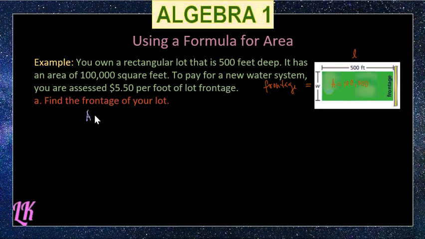So to find the frontage of your lot, you need the formula A is equal to L times W, or length times width. Since we are solving for the frontage, which is the width, we need to isolate that variable in one side of the equation. So we need to eliminate L by division.